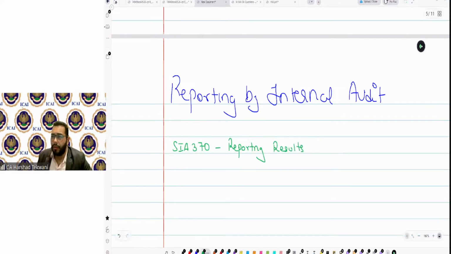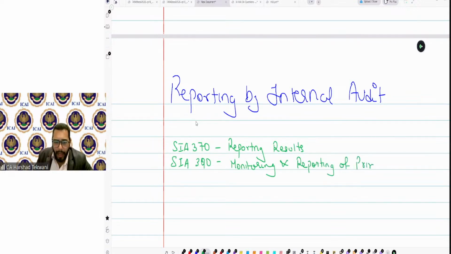Next is SIA 390, which talks about monitoring and reporting of prior audit issues. These two, SIA 370 and SIA 390, are very important in deciding the reporting requirement for a chartered accountant who is an internal auditor.